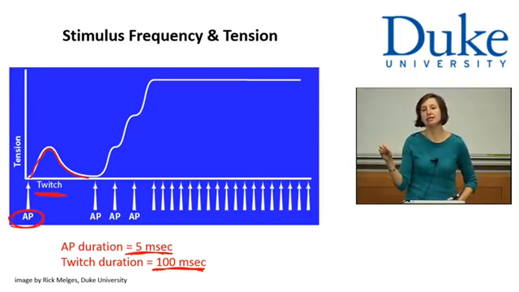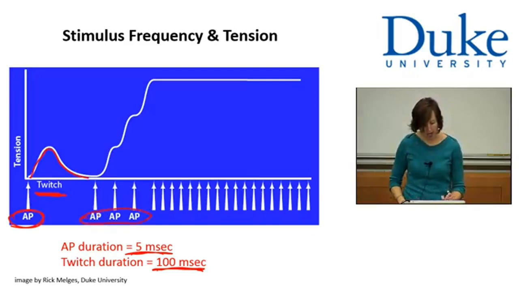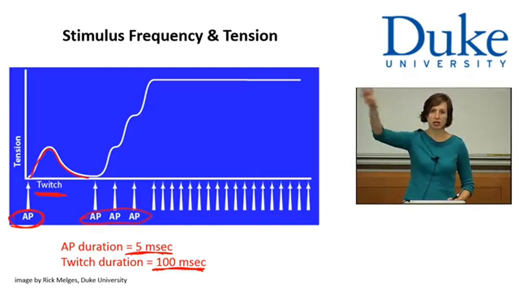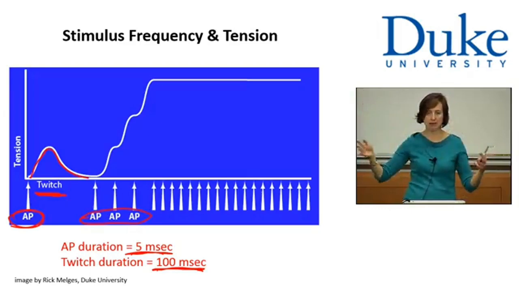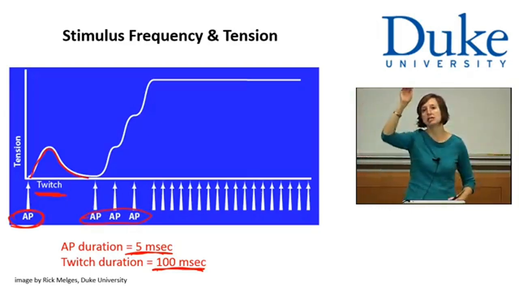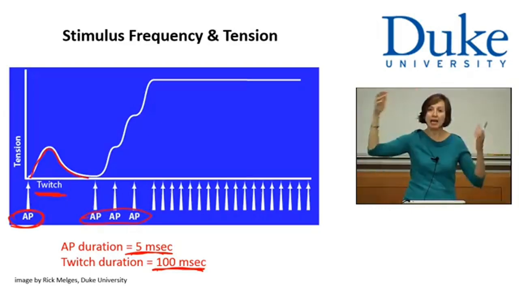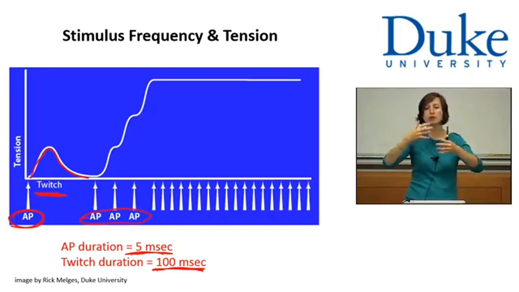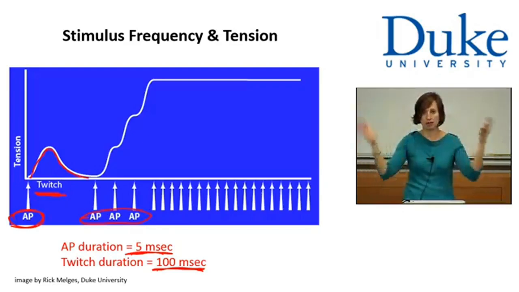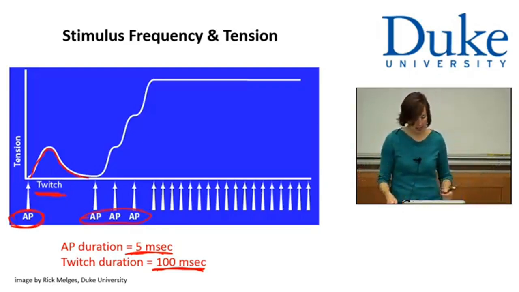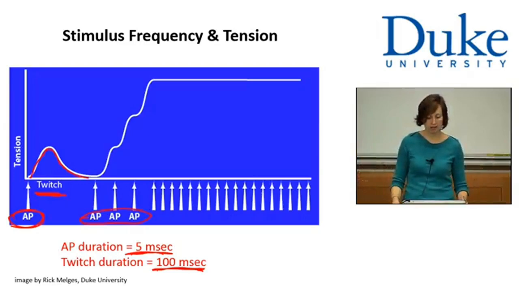And so what that means is if we have action potentials more frequently, and we said with a twitch we're not forming maximal force, not even close, then we can increase the tension because it becomes additive. That's keeping the calcium levels in the cytosol high and giving enough time for everything to diffuse and for tropomyosin to be removed so that we can actually get many of the myosin heads cycling and shortening the muscle cell.